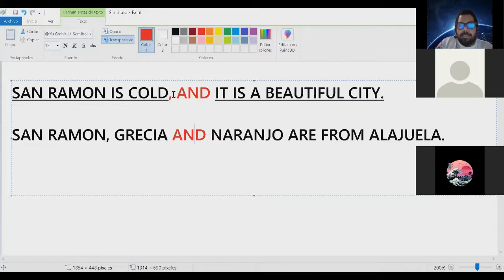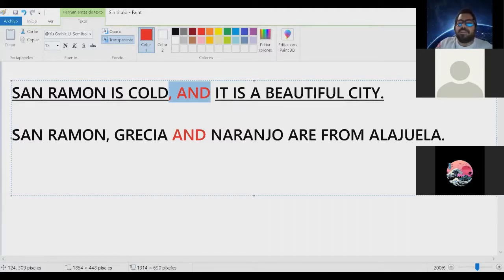So going back. When we separate two sentences with "and", we need a comma, normally or usually. When we're counting, we don't need a comma. Esto cuando estamos escribiendo, of course, guys.